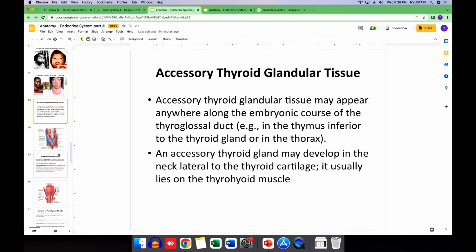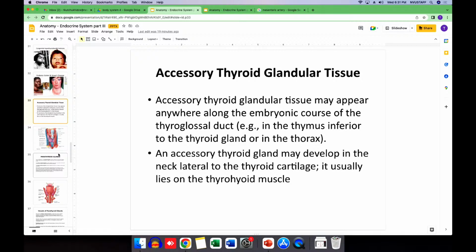So in clinical pathology, we can have lots of clinical diseases connected with the thyroid gland. But anatomically, the clinical pathology will be accessory thyroid glandular tissue. Meaning that tissue of the thyroid gland can appear anywhere along the embryonic course of the thyroglossal duct, because it is created from the thyroglossal duct, right? So it can be in the thymus, inferior to the thyroid gland, or in the thorax.